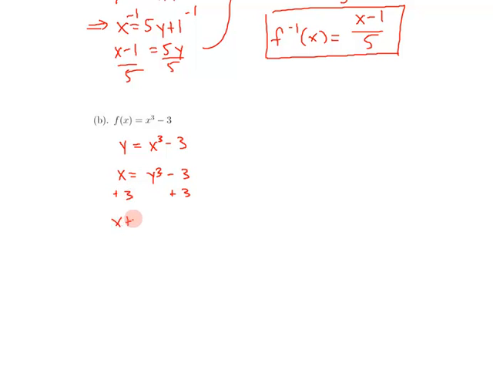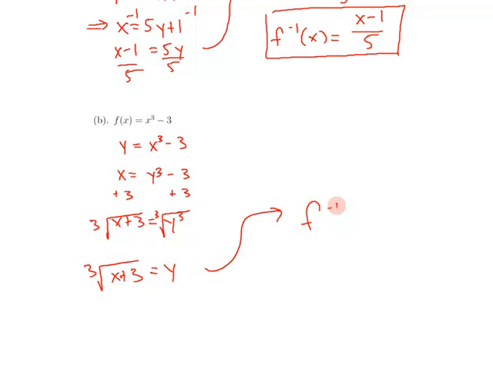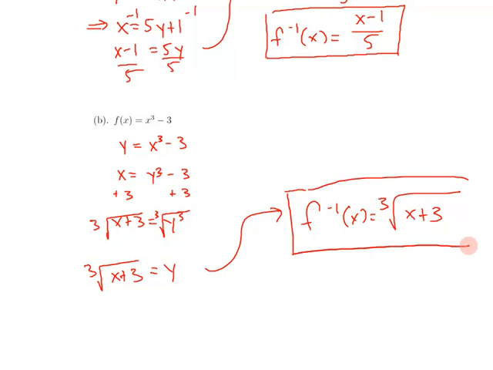Get x plus 3 is equal to y cubed. Then take the cube root of both sides, because that's what inverts y cubed. So y is equal to the cube root of x plus 3, or f inverse is the cube root of x plus 3. And there's your inverse function.